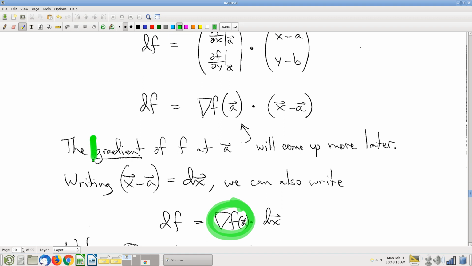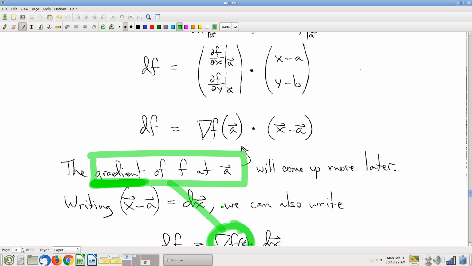So this thing, I'm going to go ahead and talk about the name now. It's called the gradient. It's one of several different types of derivatives that we're going to talk about in this class. So the gradient of a multivariable function, written like that, is this vector made up of all the partial derivatives of that function.